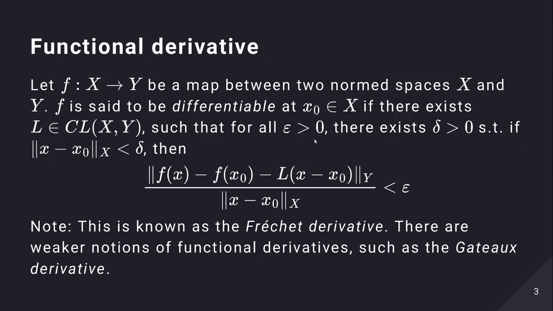L from X to Y such that f of x minus f of x0 minus L of x minus x0, divided by the norm of x minus x0, converges to zero as x goes to x0. It sort of looks like the derivative that we saw in calculus, slightly different.